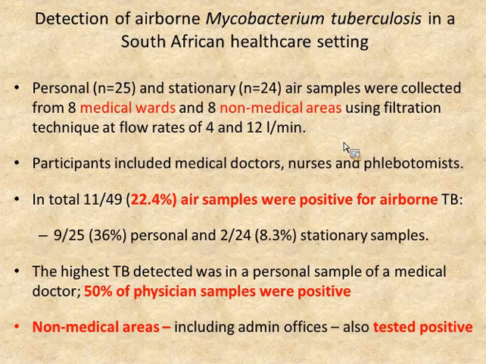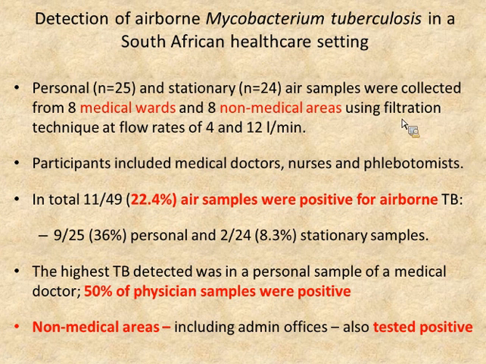We also did some air sampling and personal sampling in a large hospital. You could ask, what was the point? We already knew there was TB, but we thought if we quantified it and showed where it was, it might create increased incentive to allocate resources.